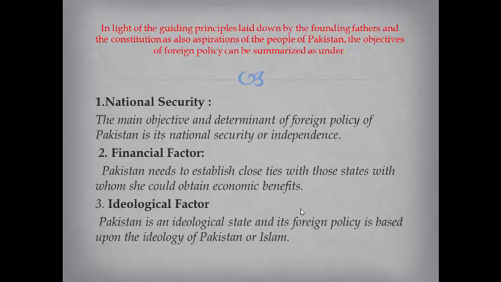The ideology of Muslim countries and Pakistan is the same, whether it is Saudi Arabia, Indonesia, Turkey, Iran or Iraq.